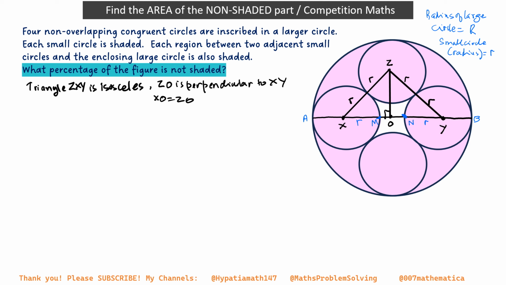Now we know that AO is capital R, the radius of the large circle. So XO would be capital R minus small r, because this bit is r as well, isn't it? So it will be capital R minus small r, and that is equal to ZO.